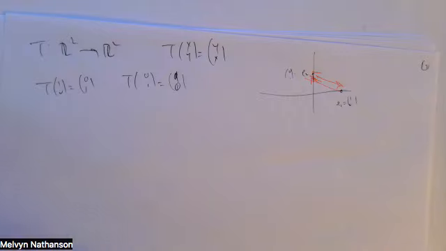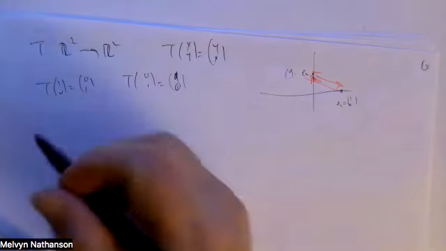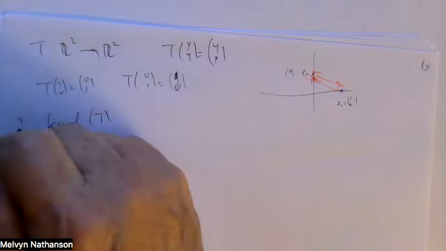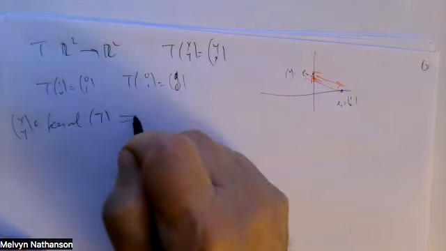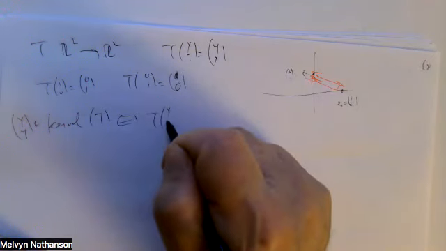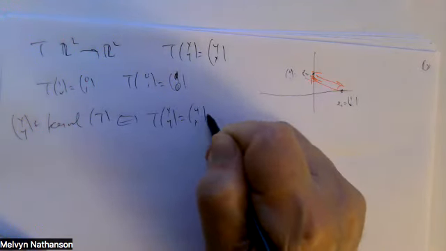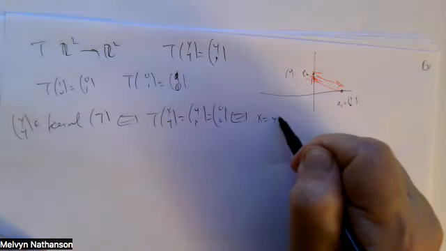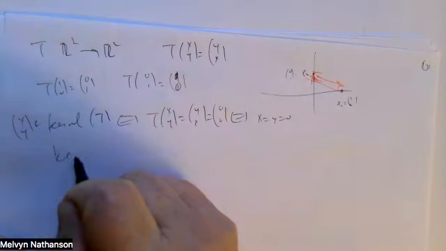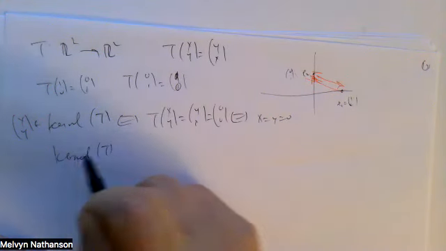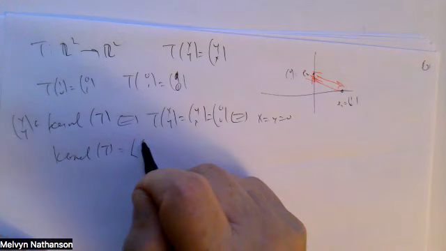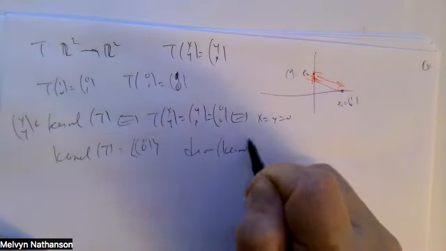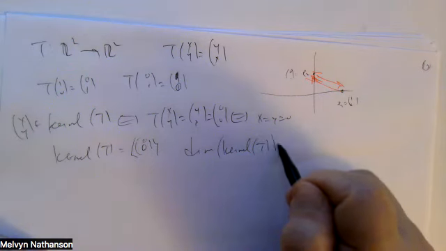For this map, what is the kernel of T? (x, y) is in the kernel of T if and only if T of (x, y), which is (y, x), is (0, 0), if and only if x equals y equals 0. So the kernel of T consists of just the 0 vector. And the dimension of the kernel of T is 0.